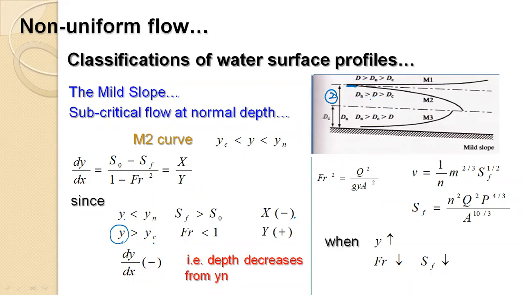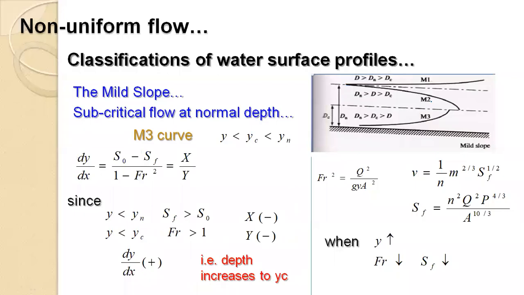Okay, y is greater than yc. So Froude number will still be less than 1. So this quantity, 1 minus square of Froude number, will be a positive quantity. So negative quantity divided by positive quantity will lead to a negative quantity. So that means the profile should have a negative slope, right?